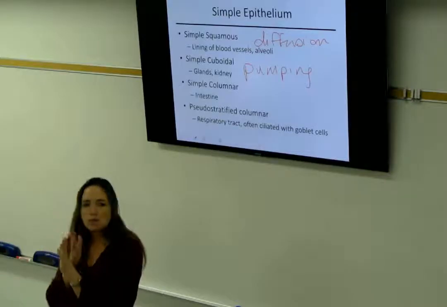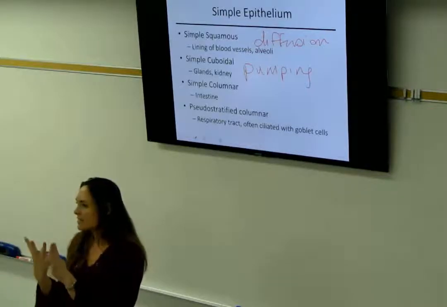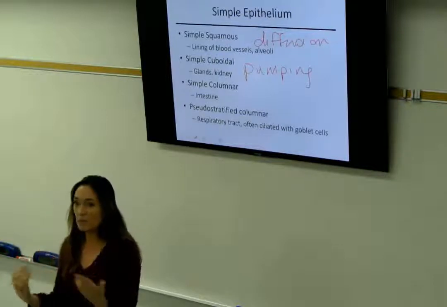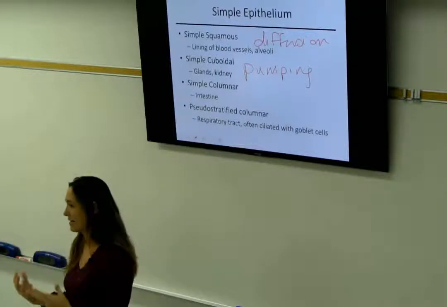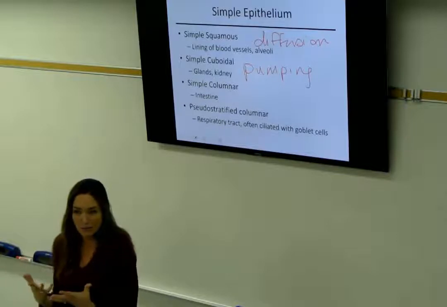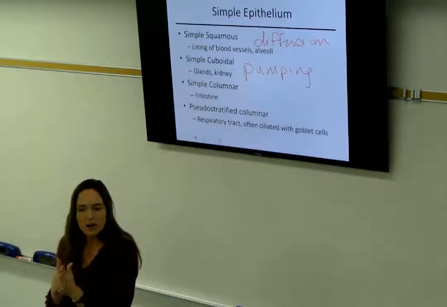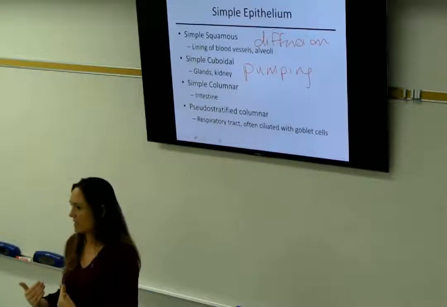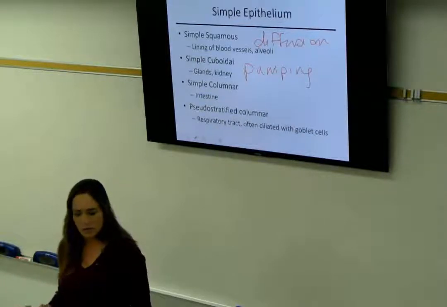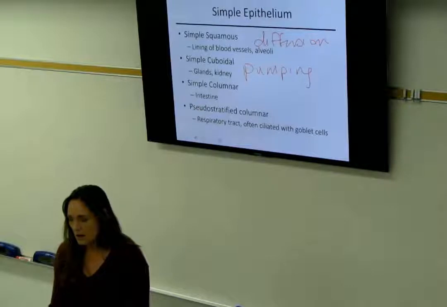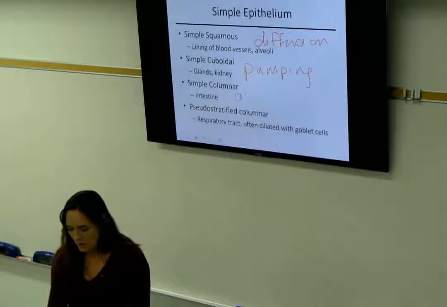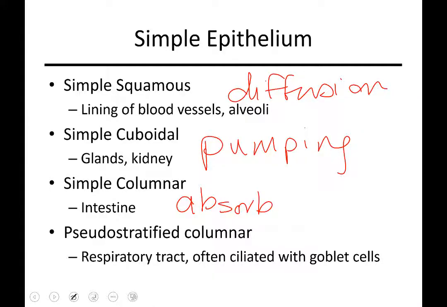But squamous is so thin that there might be stuff we ingested, maybe a penny came in while we were eating our food, and it's got nasty stuff on it, and we don't really want to absorb that. So simple squamous would be too risky for our body, letting harmful things cross into our blood. So we use simple columnar because not only do we want to absorb, so it does absorption, but we also want to protect.